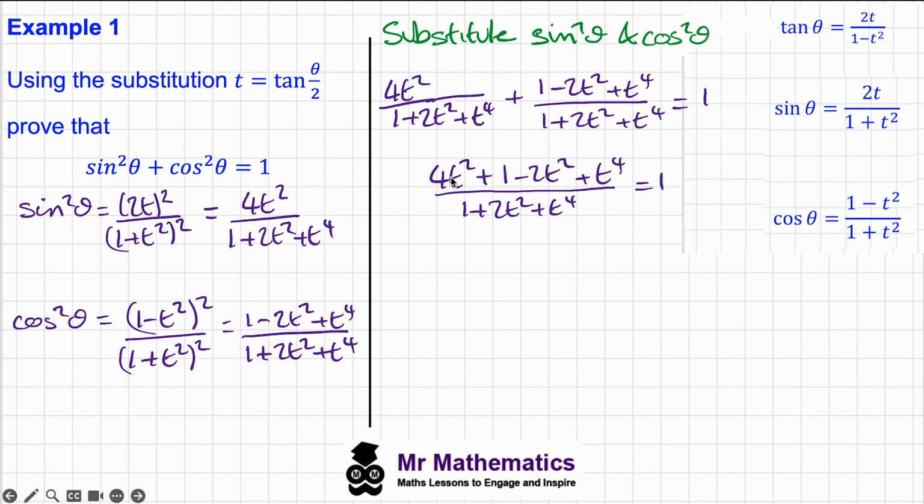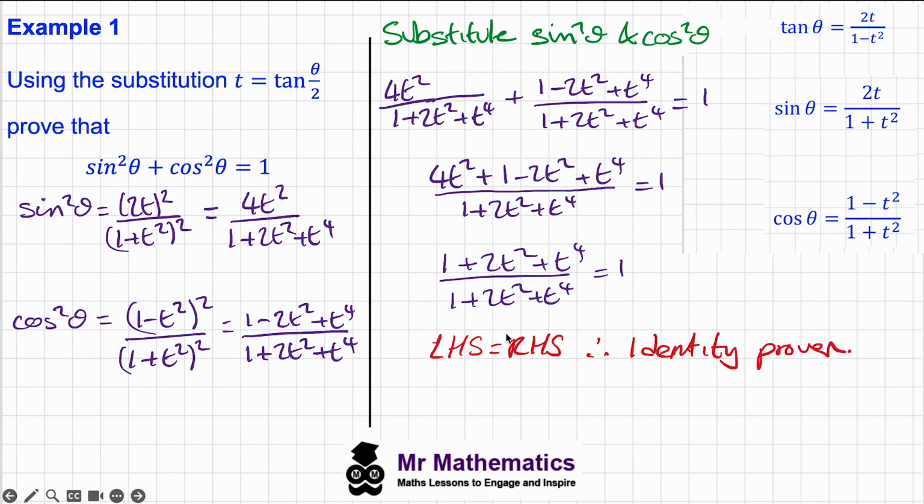Then we can simplify the numerator, collecting these 4t squared with this negative 2t squared. So we get 1 plus 2t squared plus t to the 4, and this is exactly the same as our denominator. The numerator divided by itself is 1, so the left-hand side equals the right-hand side. Therefore the identity is proven.